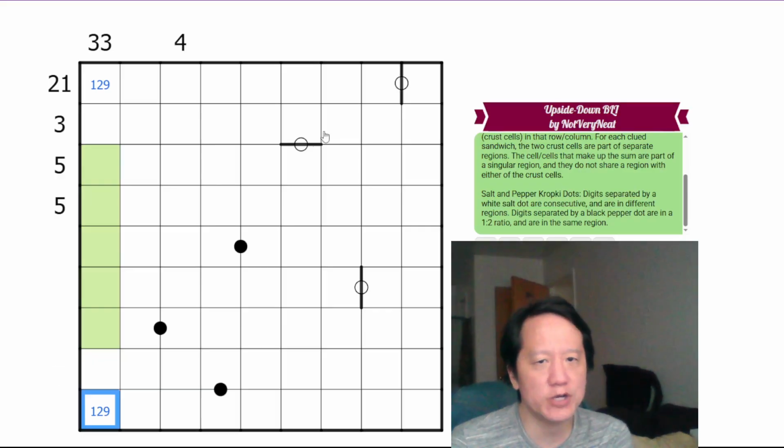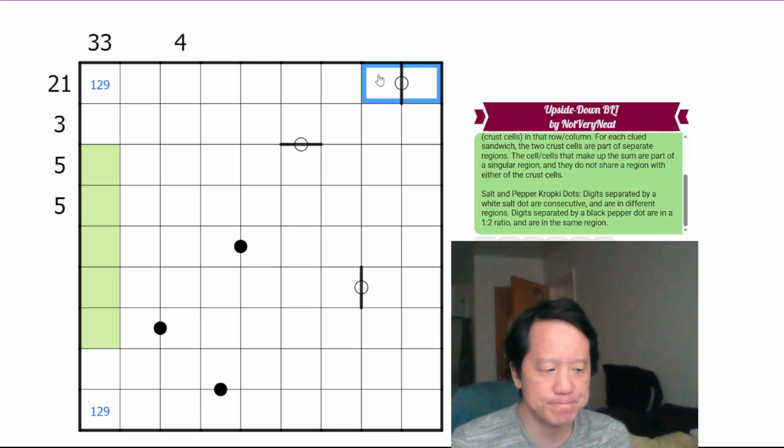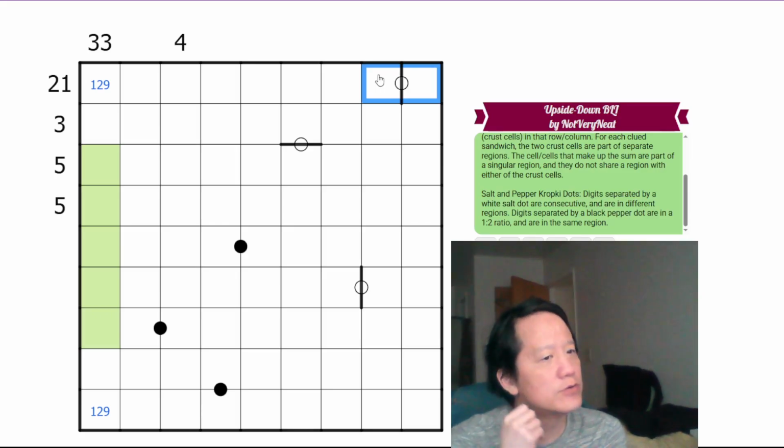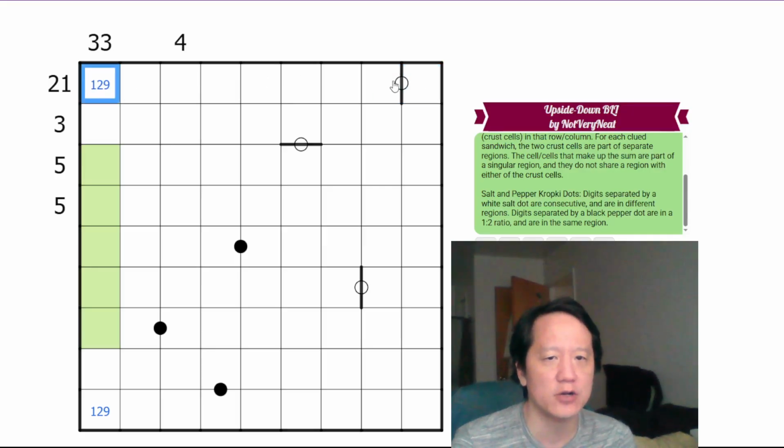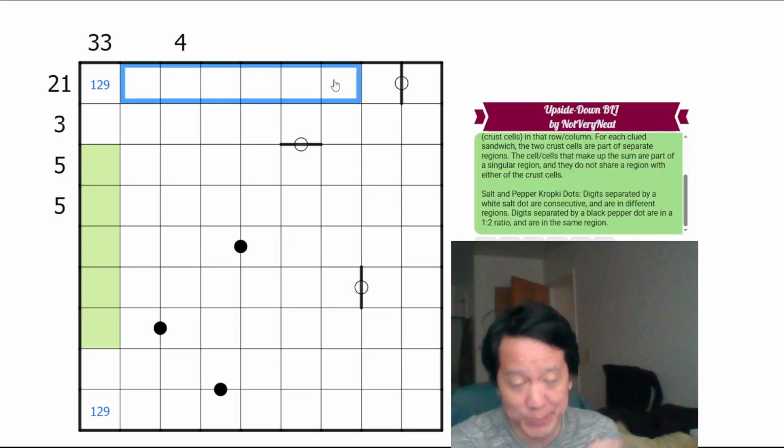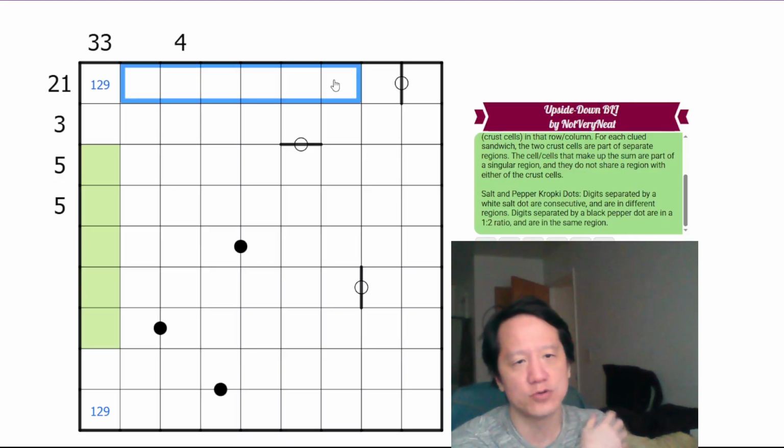So they cannot be 1 and 2. You could have 8 and 9. The reason why it can't be 1 and 2 is that 1 and 2 would be here, 9 would be here, and then the digits in between the 1 and the 9 would be at minimum 33, right? And that can't work.